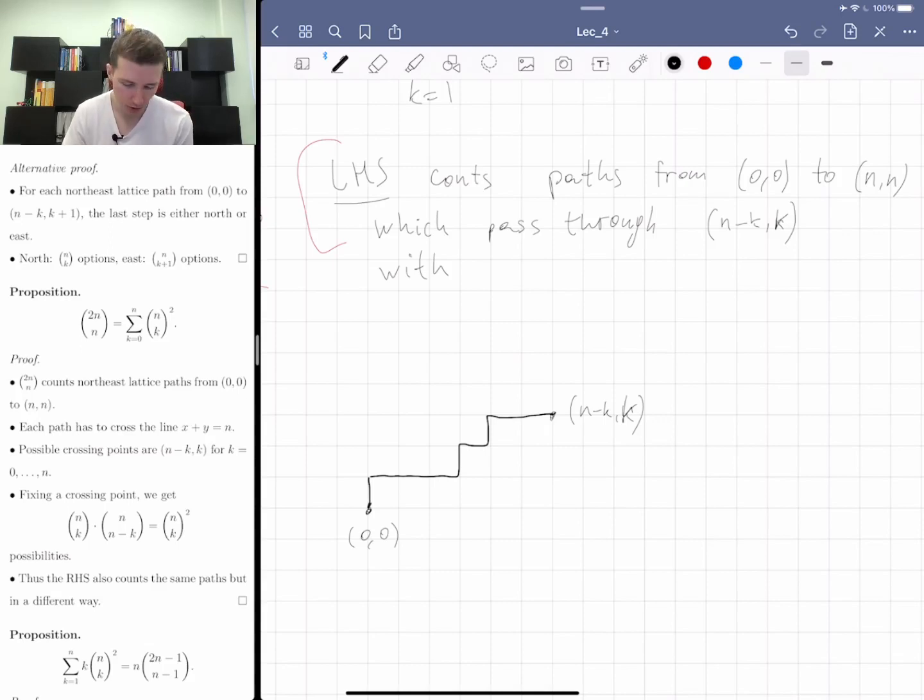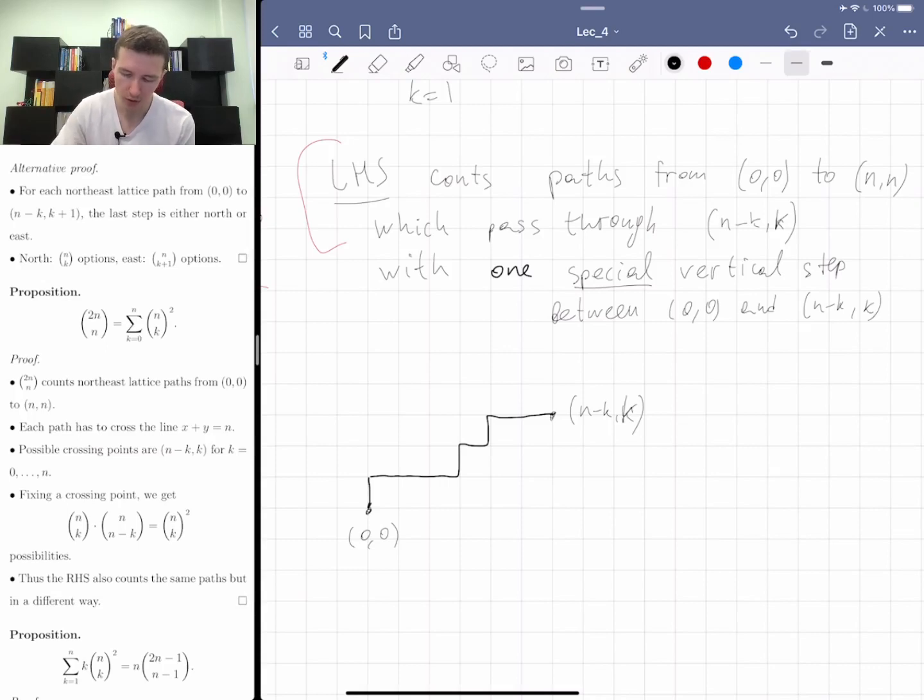In order to multiply my number by k, I'm just going to say that out of the first k steps, one of them is a special vertical step between 0, 0 and n minus k comma k.